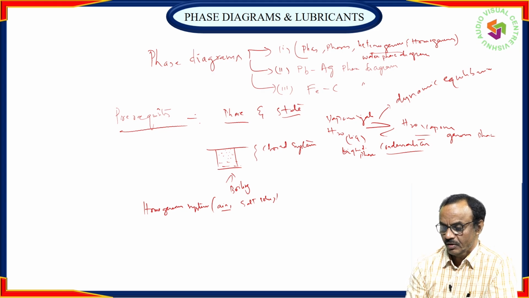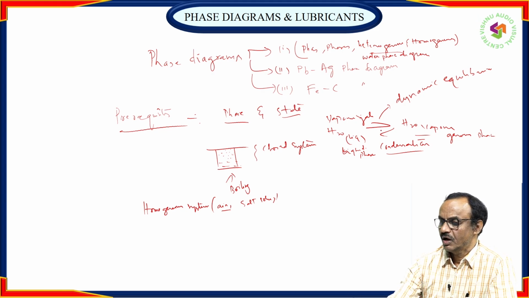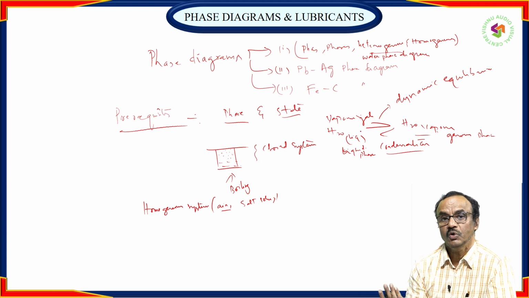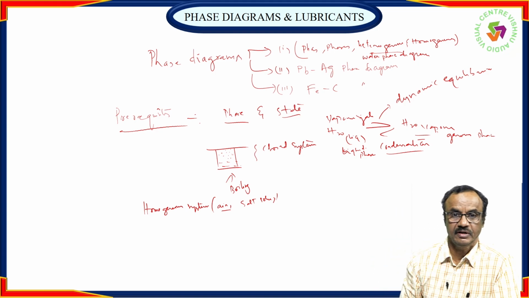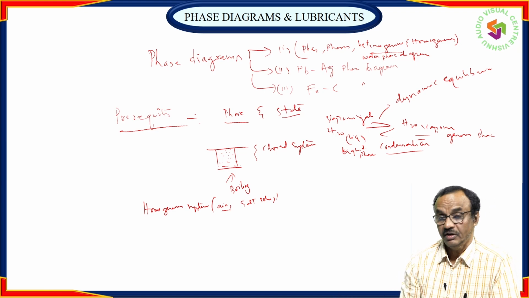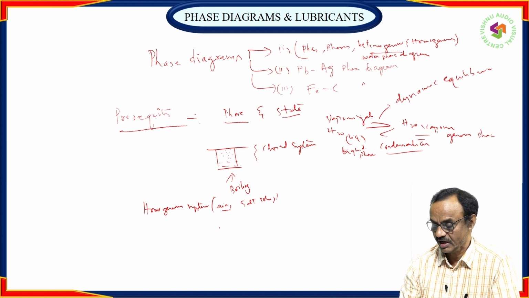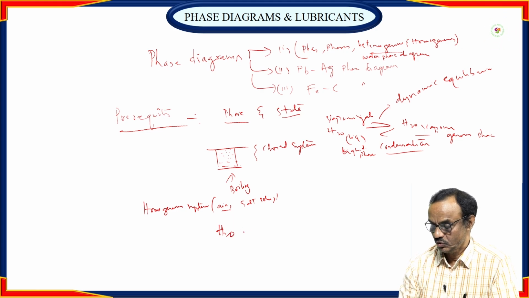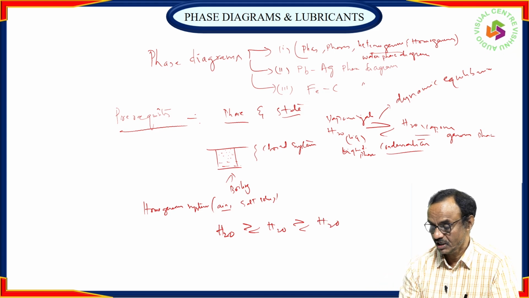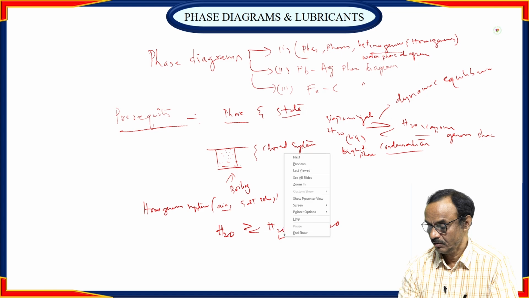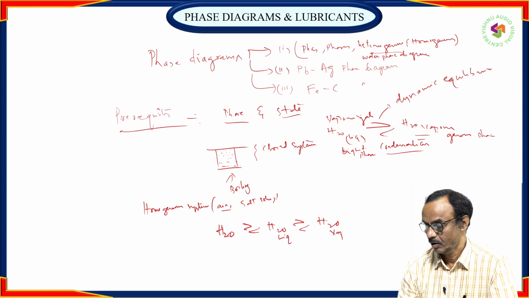Now the heterogeneous system. In a closed system, if two or more than two phases are possible, it is called a heterogeneous system. Inside a deep freeze box in a refrigerator, the possible phases are H2O liquid water, gas vapor.